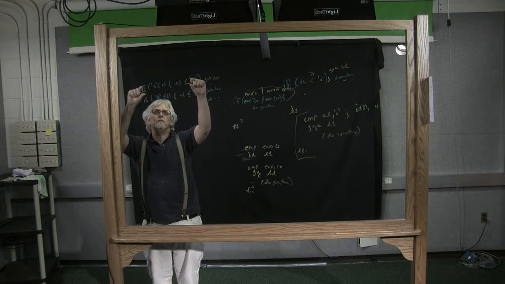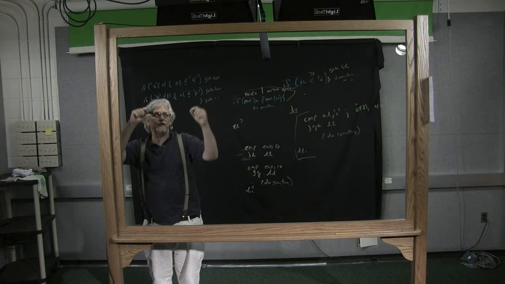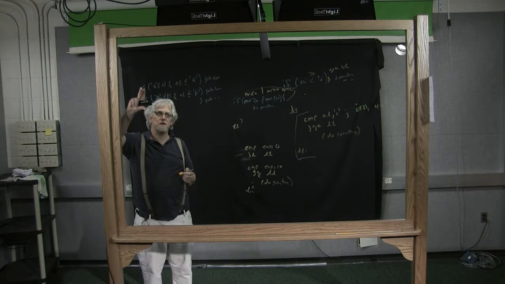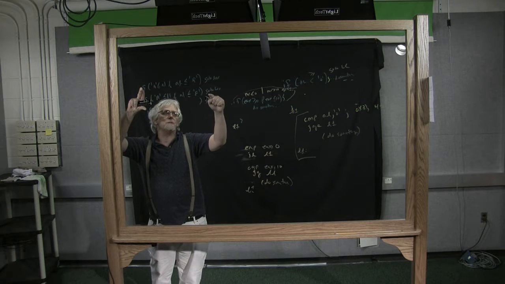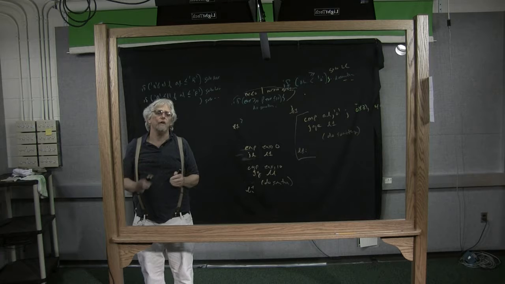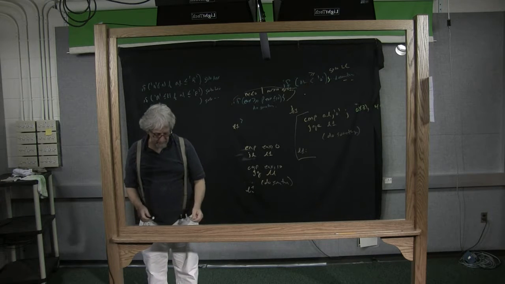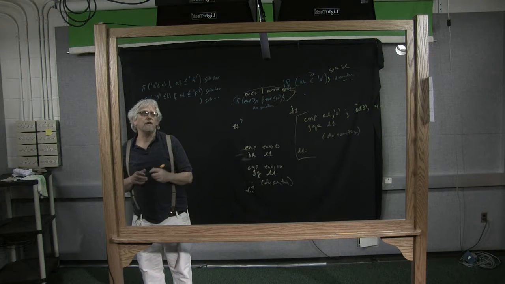If this case is true, do something, if that case is true, do something, if the other case is true, do something. Typically you'll have your if statements up here, and then you'll go to the various do-something sections. So I suggested in your homework that you might want to have a section called hex.